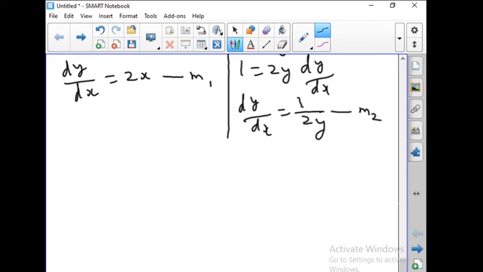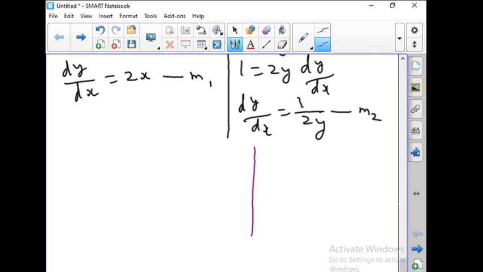Here it is asked to find the angle between the curves at the two points of intersection that are given. The diagram is given in your book, you can go through it. That is nothing but two parabolas.